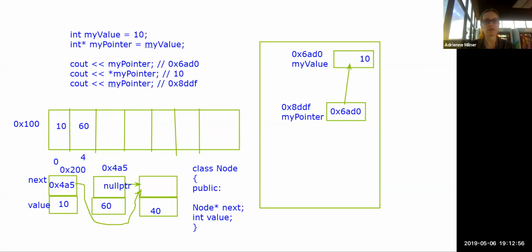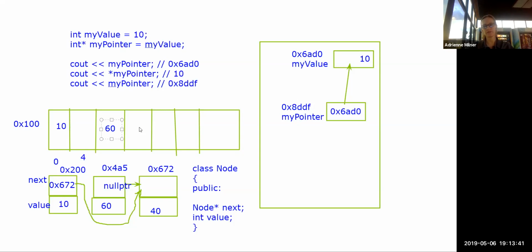Now, if we know this memory location, let's say it's 0x672, all we have to do is go in and set this equal to 672, and the second item in the list has now become this element, versus the array where we're going to have to move 60 over, but before we can move 60 over, we have to move whatever was in 60's location to the next one, and so forth.